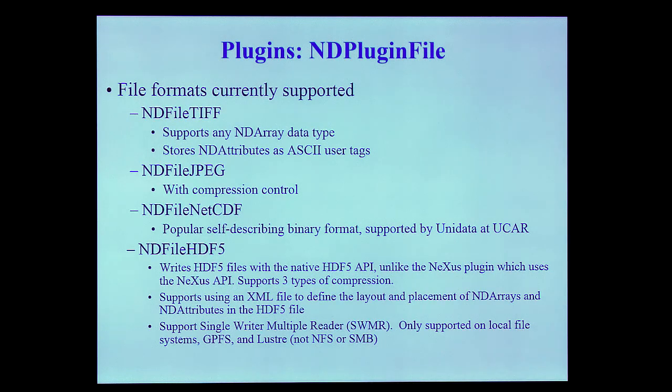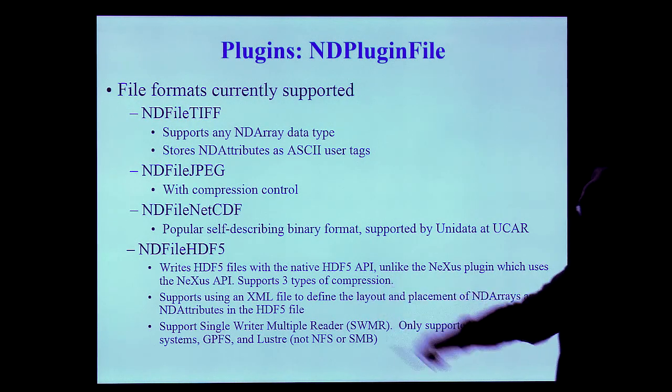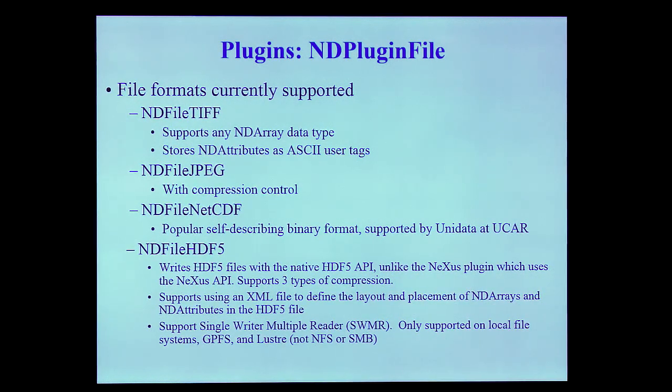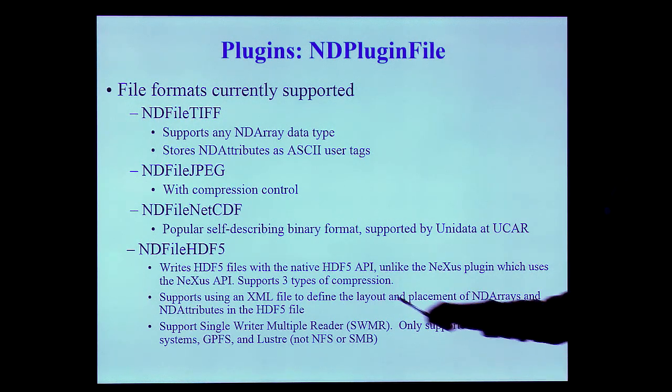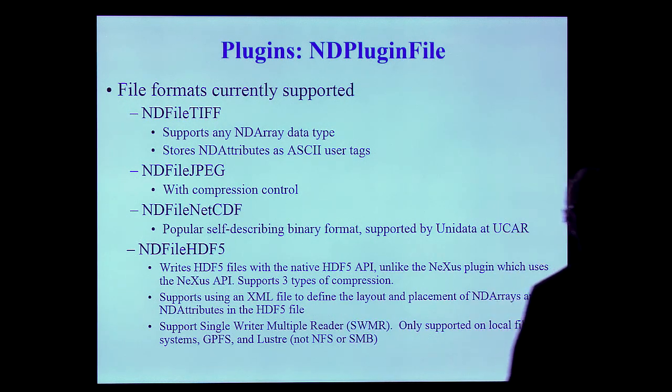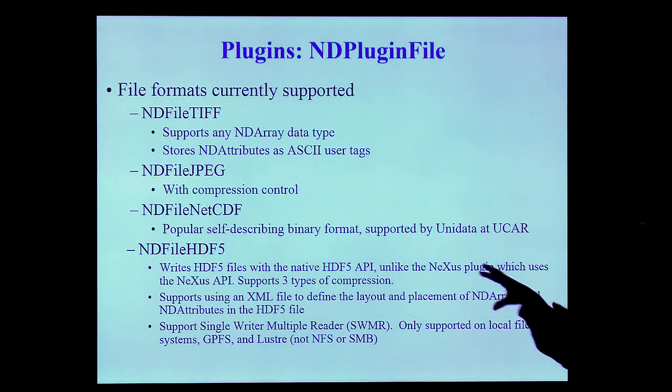It supports actually more than 3 types of compression now, and it supports using an XML file, a different XML file than the one for the attributes, that describes the layout and placement of the attributes within the HDF5 file. So there's a default layout which is compliant with the Nexus format.